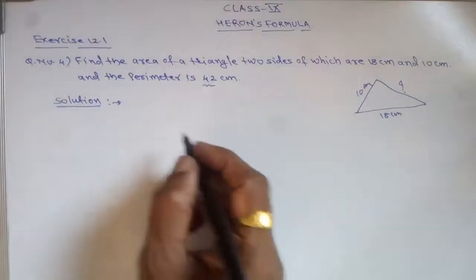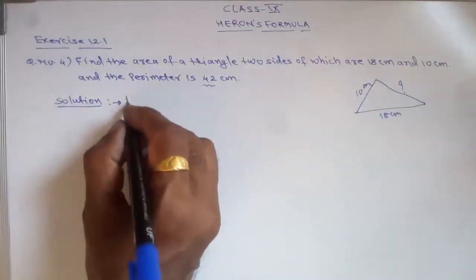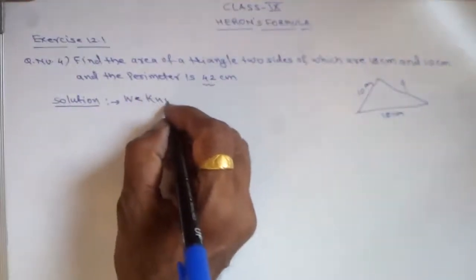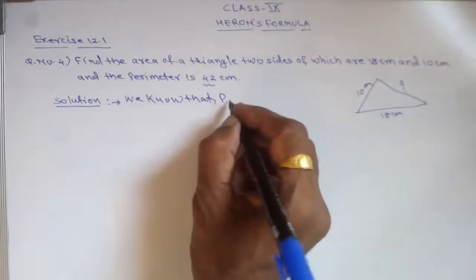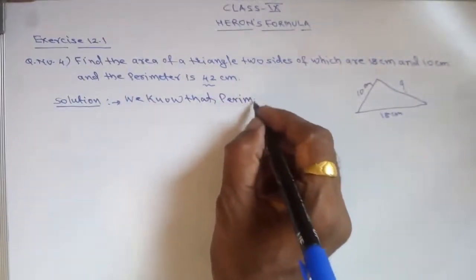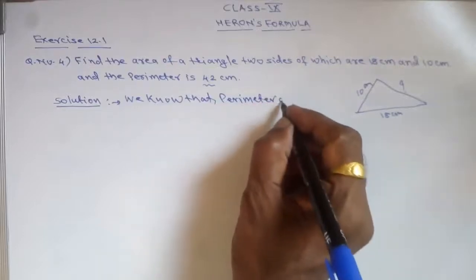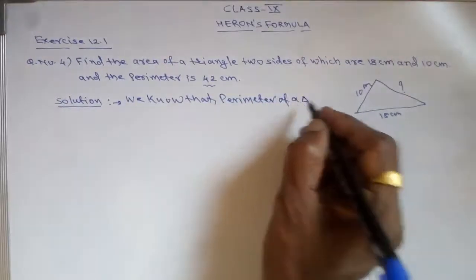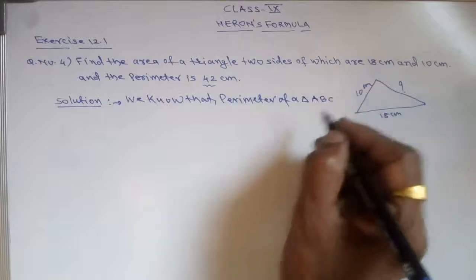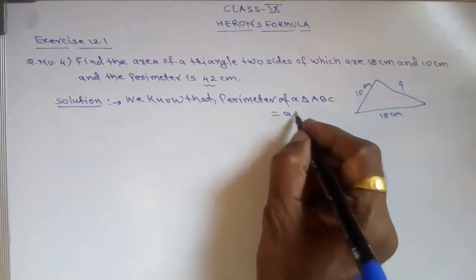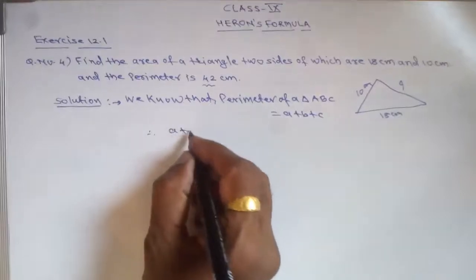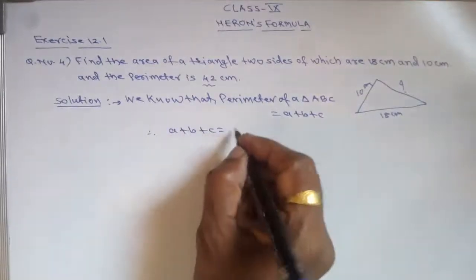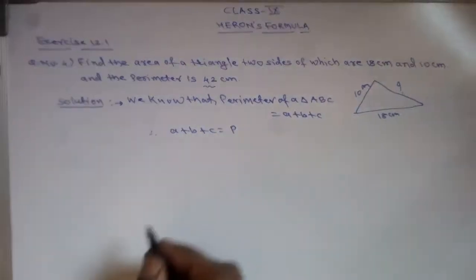Perimeter is 42 centimeter. So we know that perimeter of a triangle ABC is equal to sum of three sides A plus B plus C. That is A plus B plus C equals perimeter of the triangle.